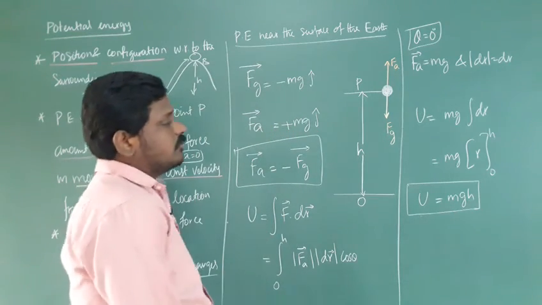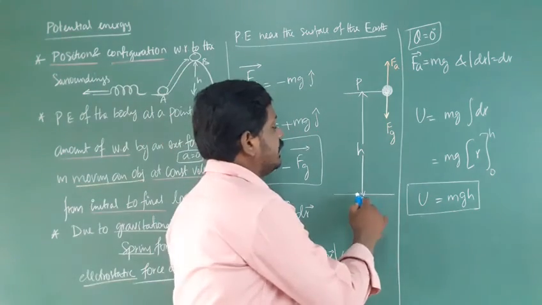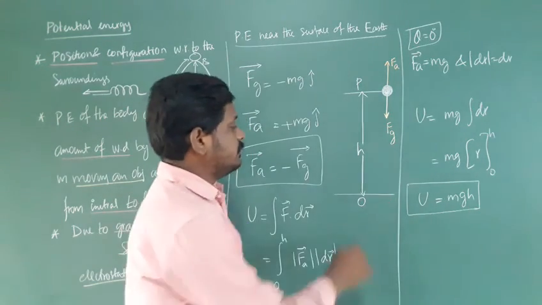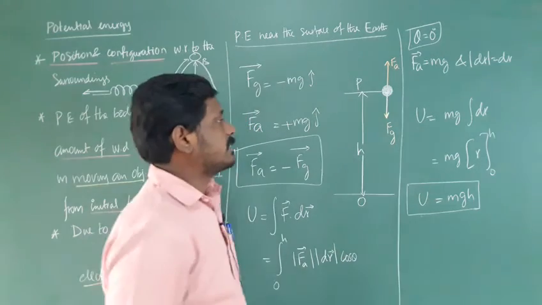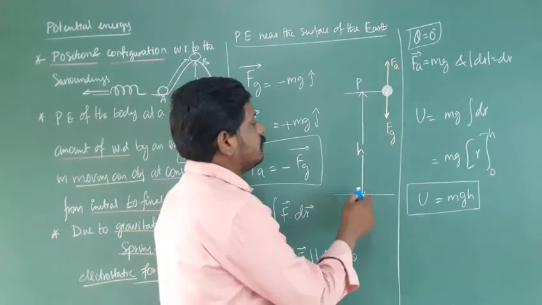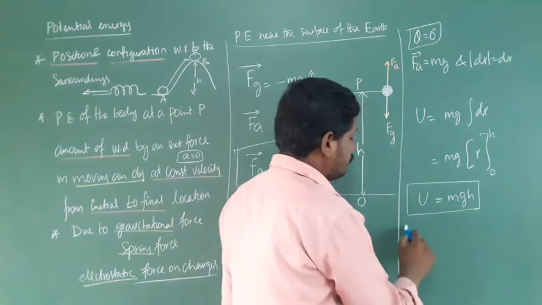We are applying some force, so here the energy is transferred. Here the potential energy is 0, and here the potential energy is maximum, due to the work done. Potential energy is a stored form of energy.